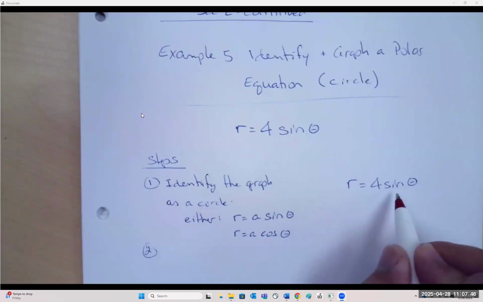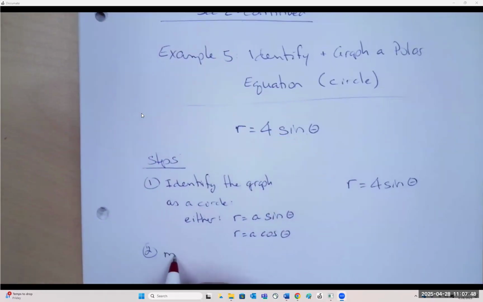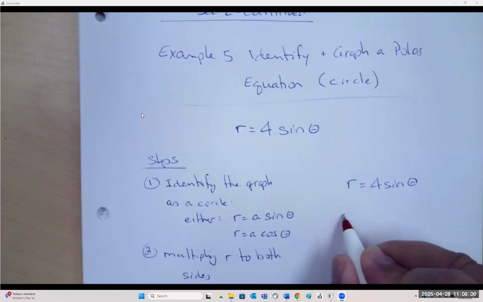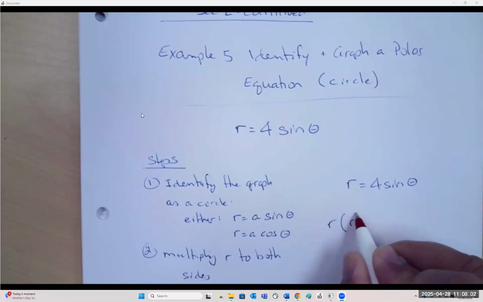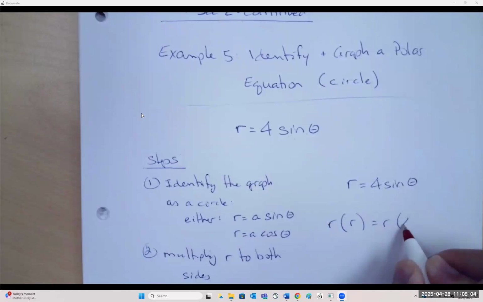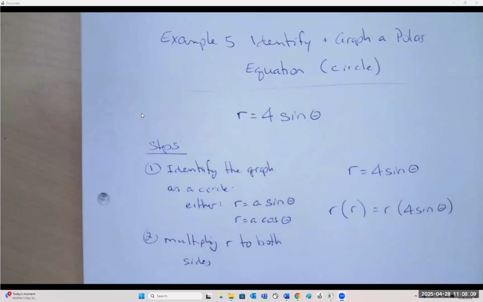Now we have to make this equation into something we know. So we multiply r to both sides. So it gives us r squared equals 4r sine theta.